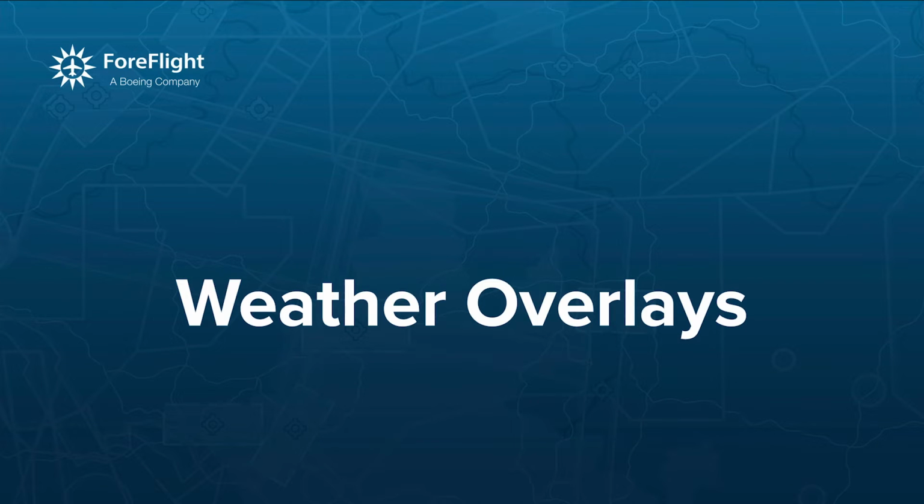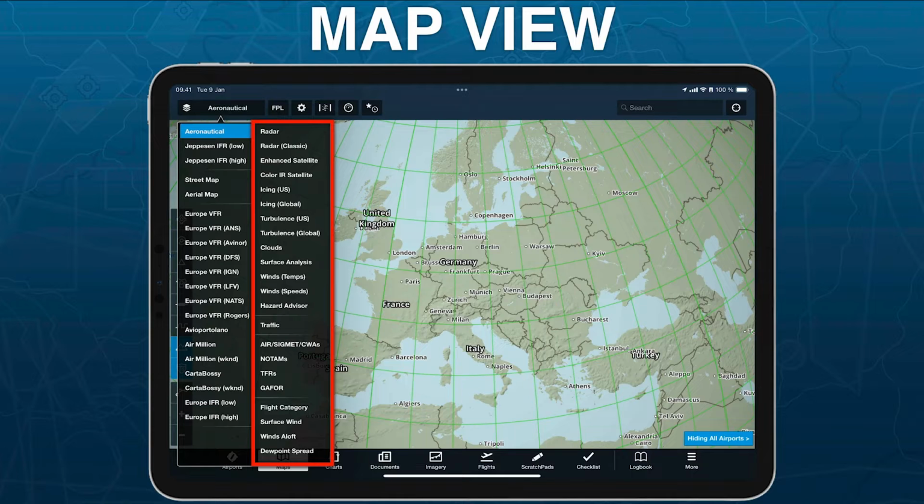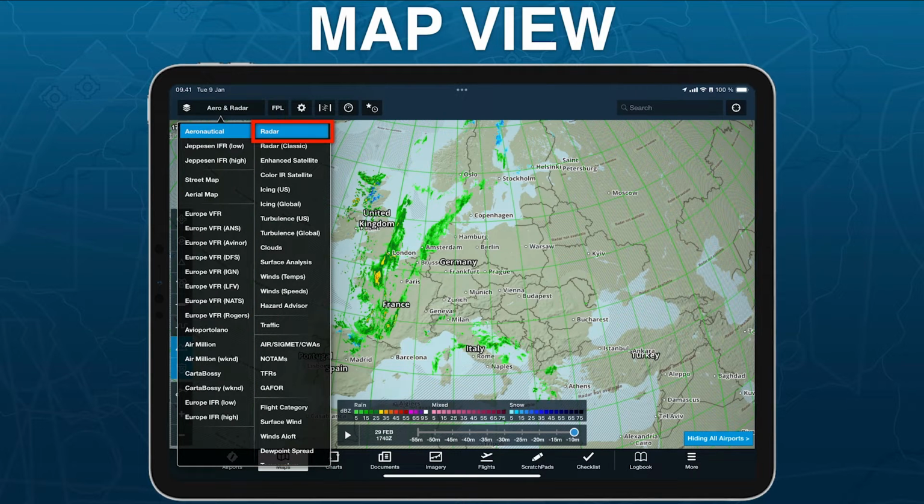Now we are coming to weather overlays. ForeFlight provides a number of weather overlays, and we will dive deeper into that area in the next webinar. But I want to show you a few of them. So you have the radar coverage, that is the radar picture downloaded over the internet.